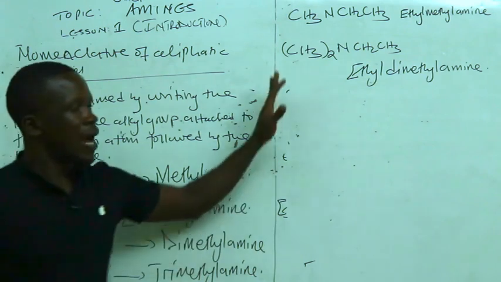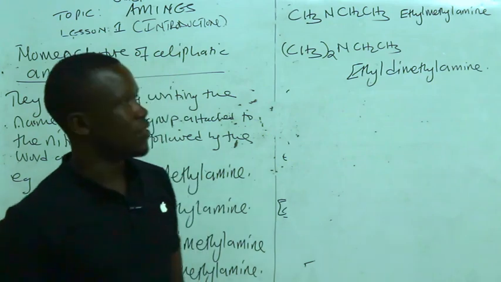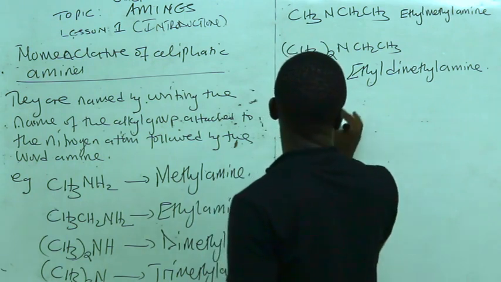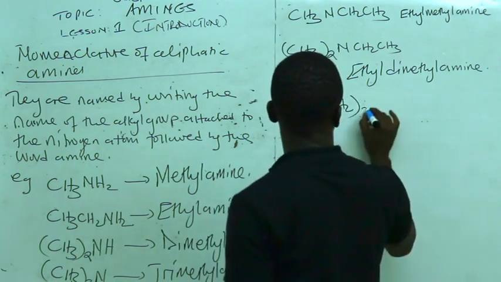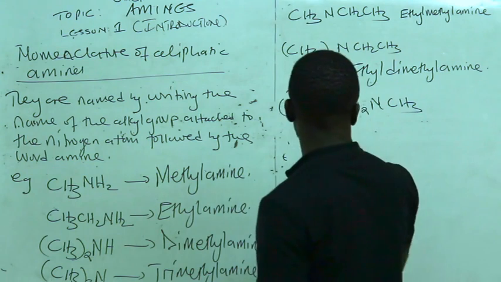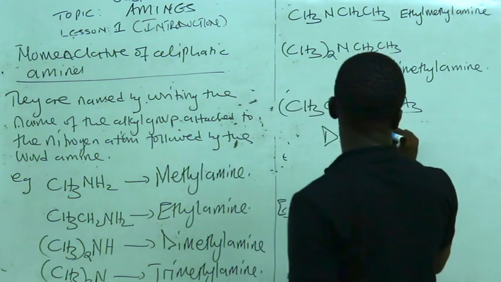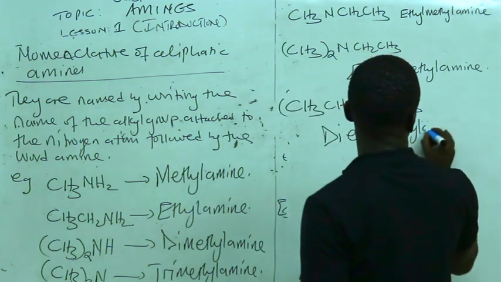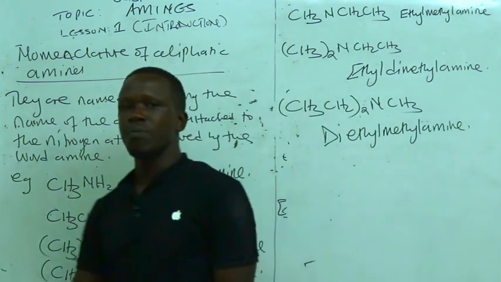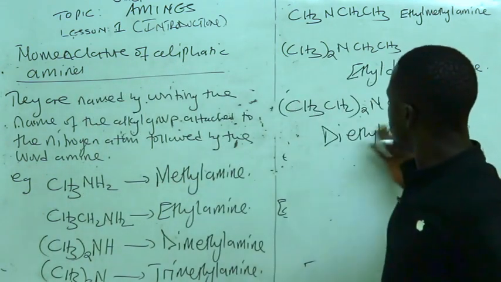So these are all possibilities in the nomenclature. If the two, CH3, CH2, if these are similar, but then one is not, then we shall have diethyl, methyl amine. So the nomenclature that we are looking at is simply writing the alkyl groups and ending with the word amine.